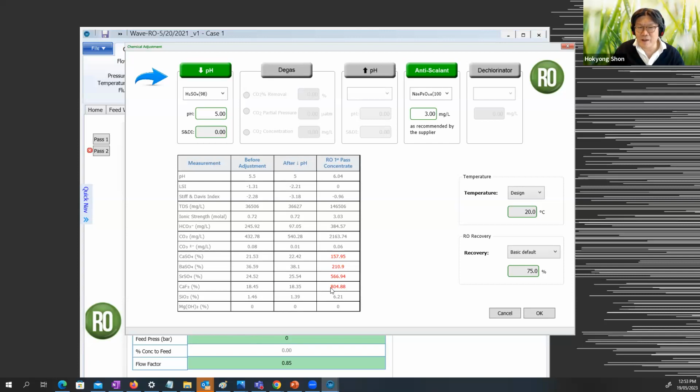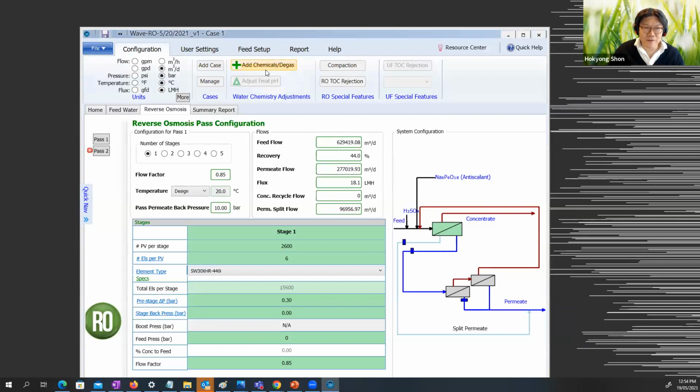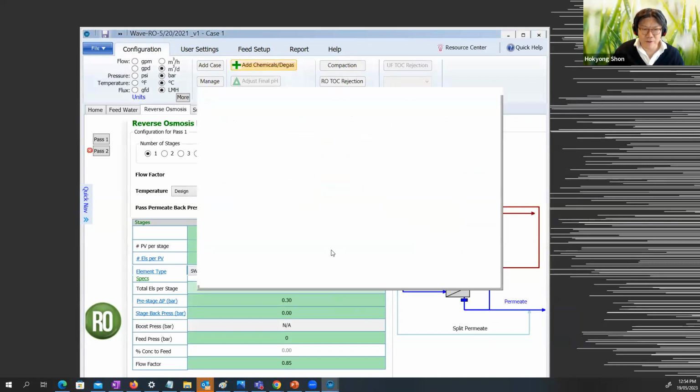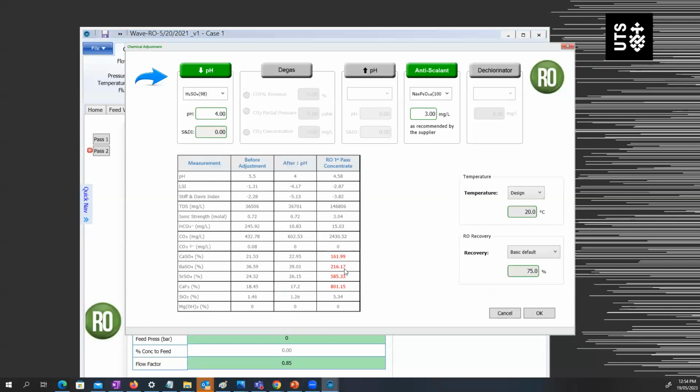You can see the red color. If you have a red color, there is potential to increase your overall inorganic fouling, because this is chemistry. Let's say you have this much red color, so we can reduce the pH, maybe to 4. Let's see how it changes. Still the same, 1, 2, 3, 4, and then maybe you can change the recovery.